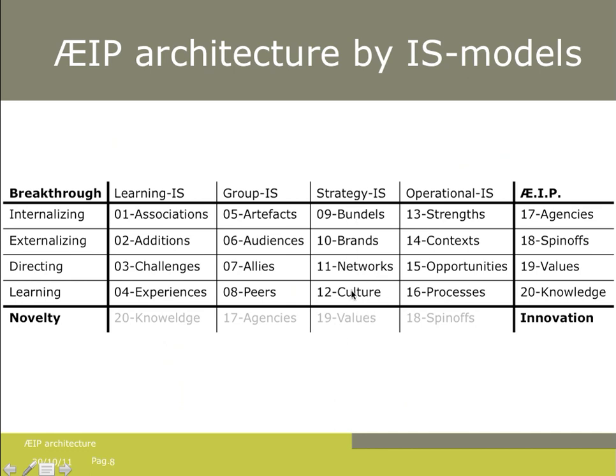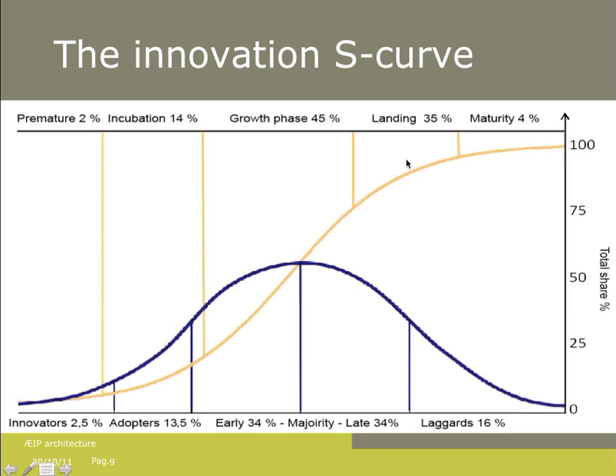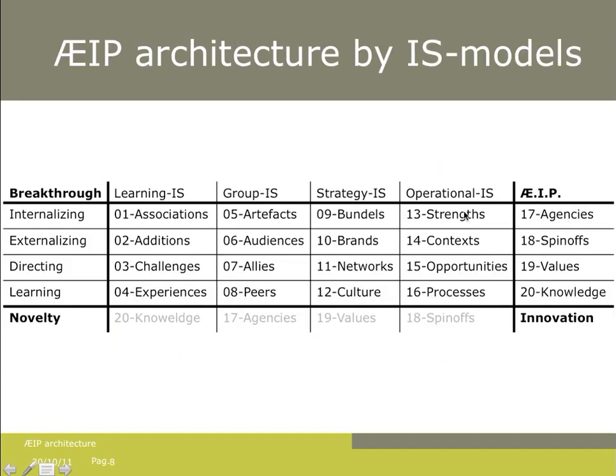Now the next phase is the landing phase. Basically, I split the maturity phase into a landing phase and a maturity phase. And in the landing phase, what we expect is that you try to spin off the breakthrough innovation.